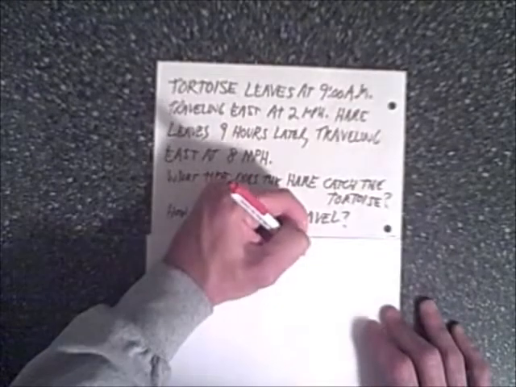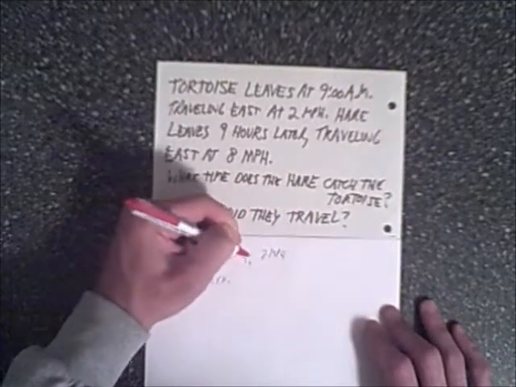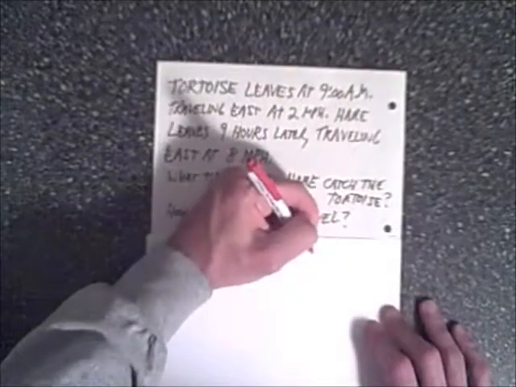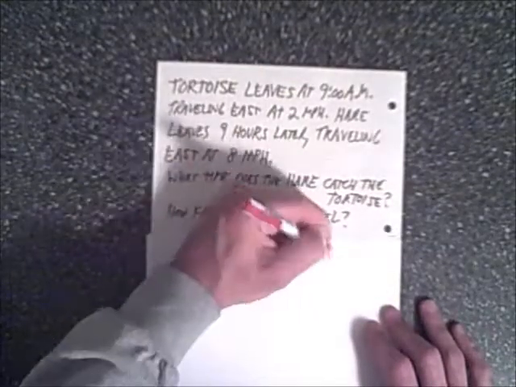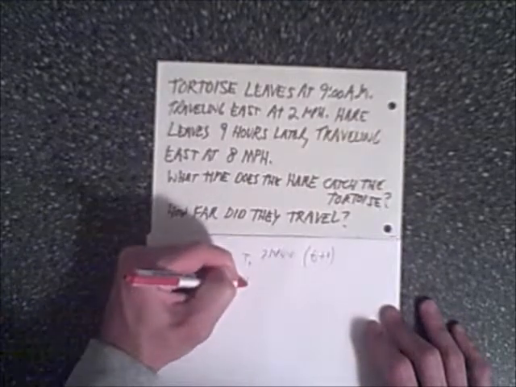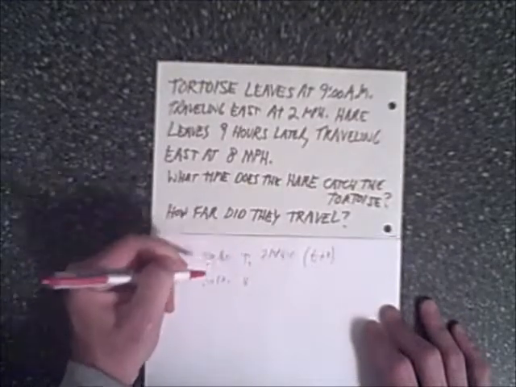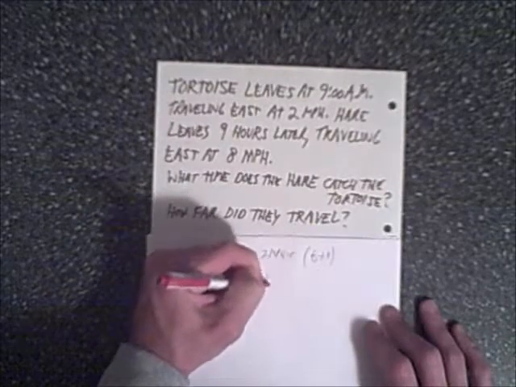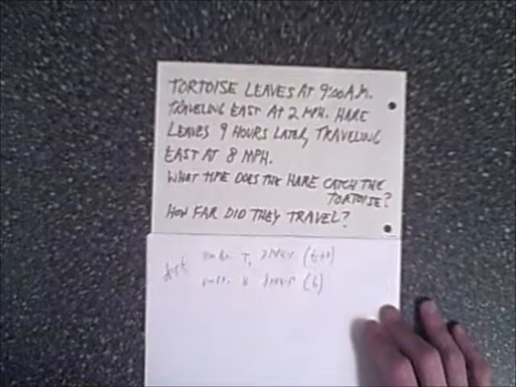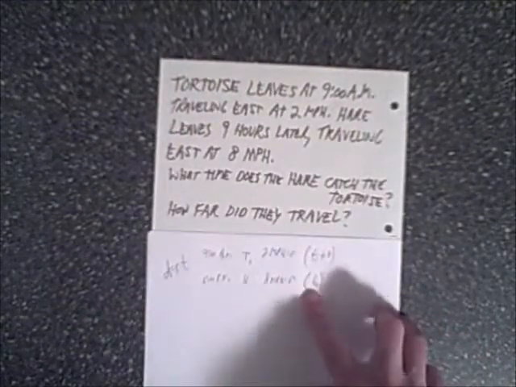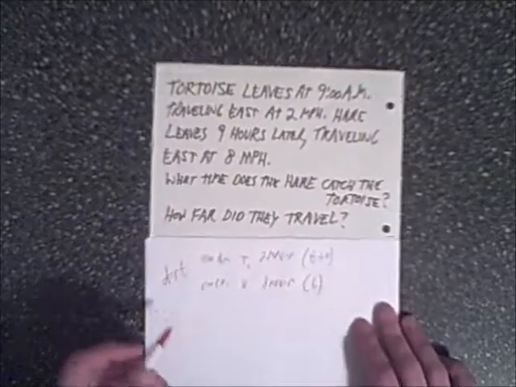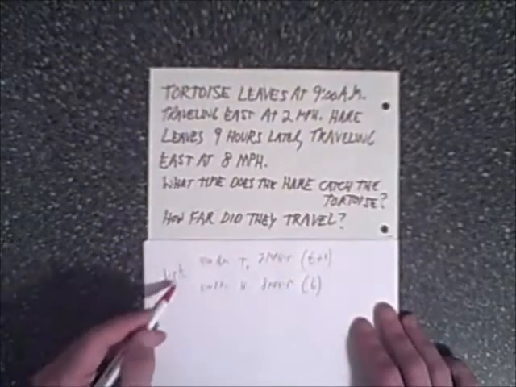So T for the tortoise, here's its rate, and the time is going to be T plus 9, because it's getting 9 extra hours of travel. And the hare is going to be 8 miles per hour, and he's traveling T time. So if the hare goes for 3 hours, the tortoise goes for 12 hours. 5 hours, 14 hours.